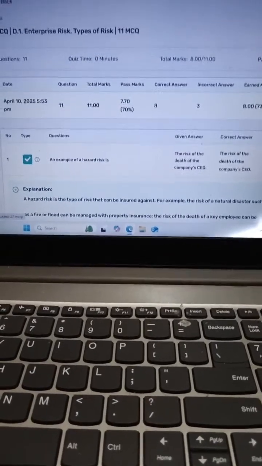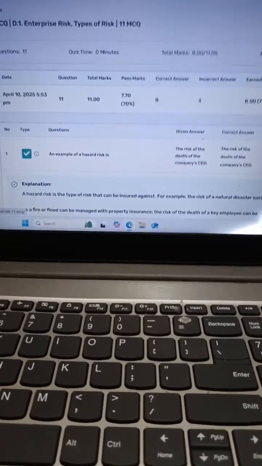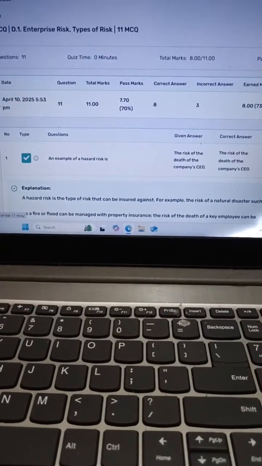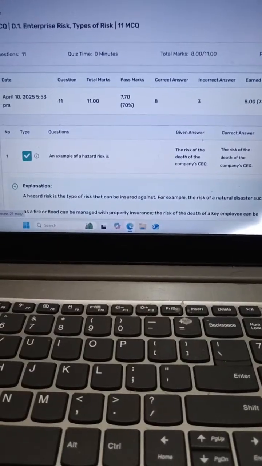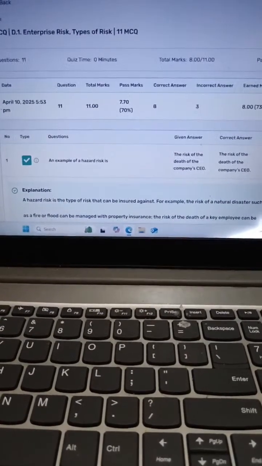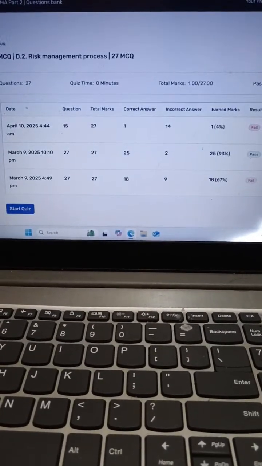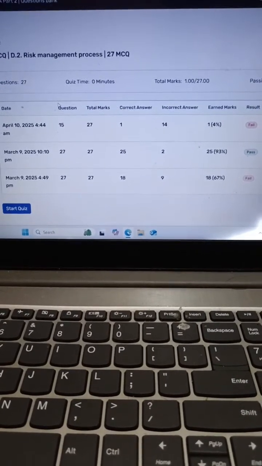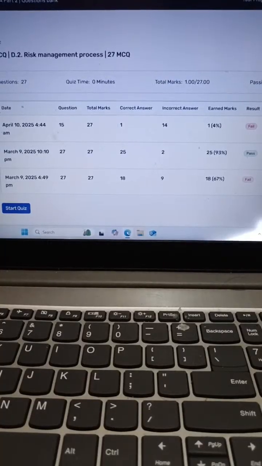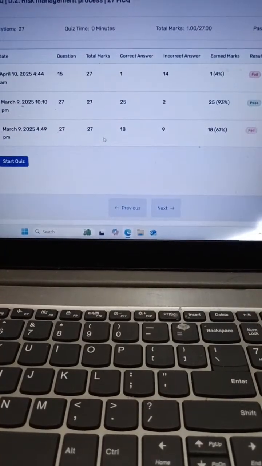I have already covered unit one, which had around 11 questions, and now I'm going to solve the unit 2 questions. There are 27 questions in this enterprise risk management unit.